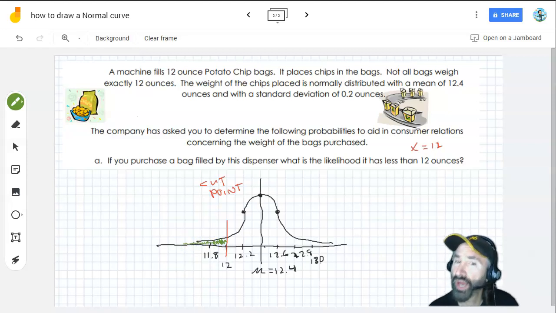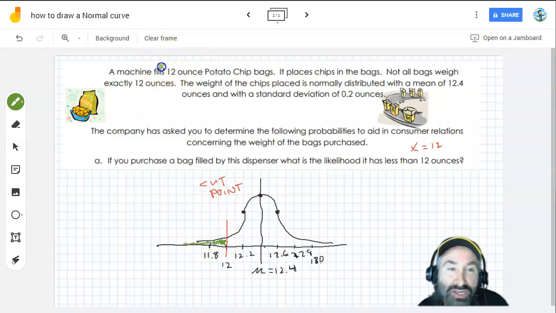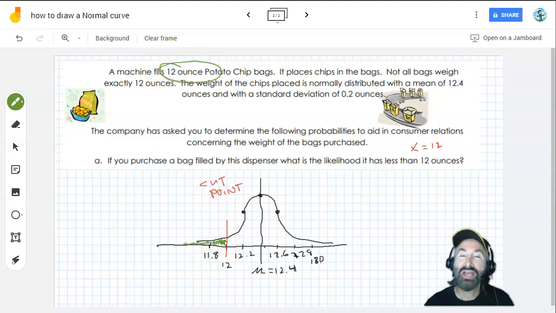And I hope you're with me on how practical a calculation this is for this particular problem. Imagine that you're selling a product and you advertise on the package that it's going to be 12 ounces, and people keep buying it, and they're regularly getting less than what's advertised on the bag.